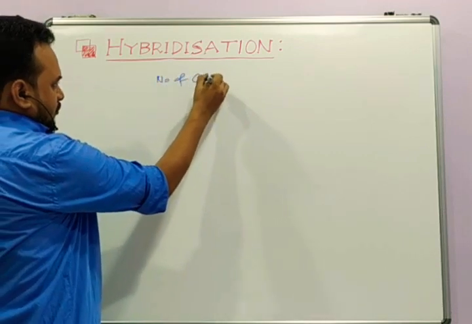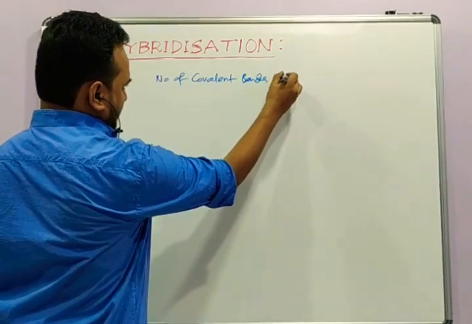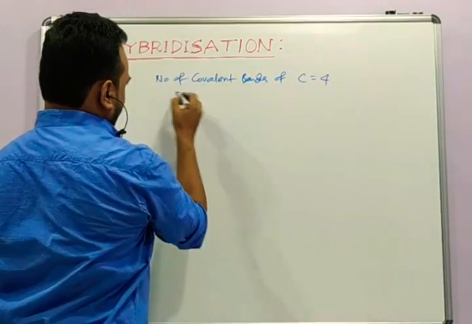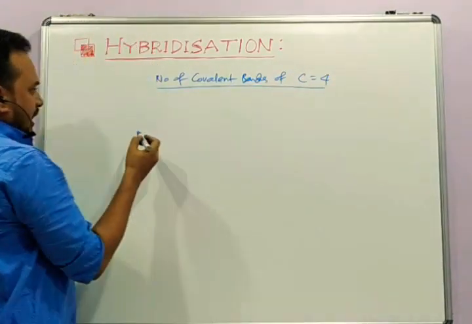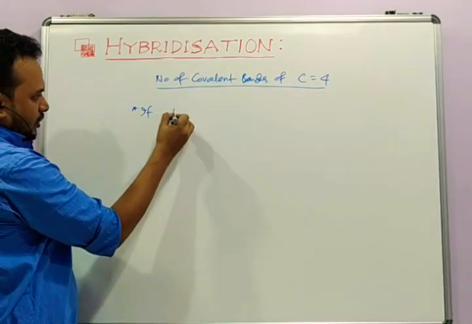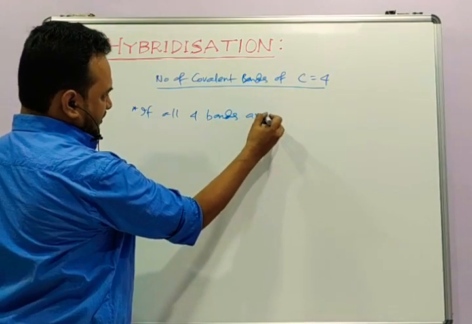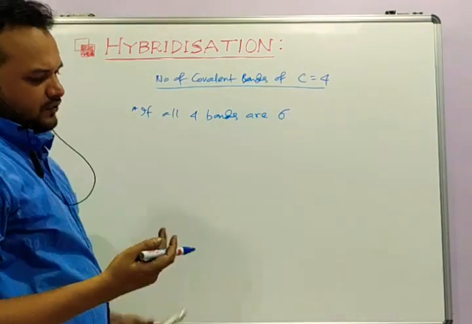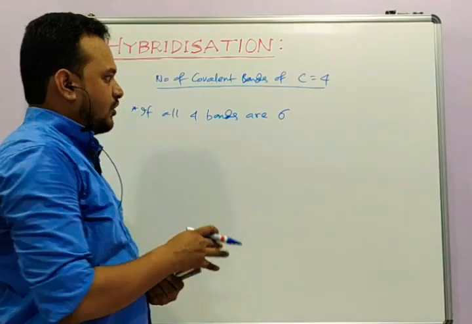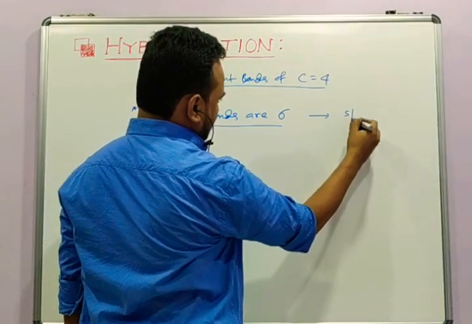The covalency of carbon is always 4, right? Now out of these 4 bonds, if all 4 are sigma type of covalent bond, all single bonds, then the carbon is sp3 hybridized.